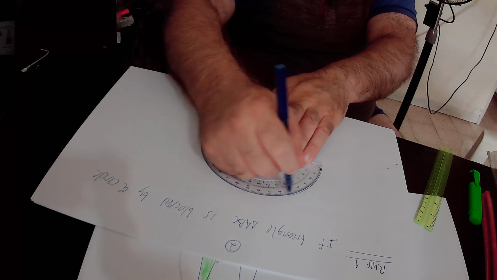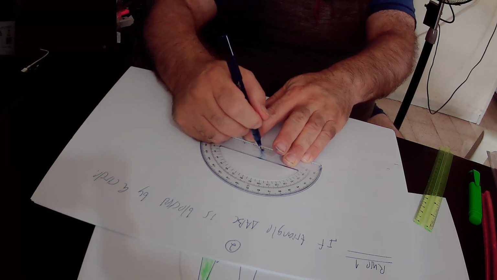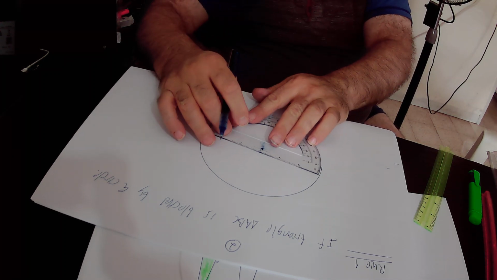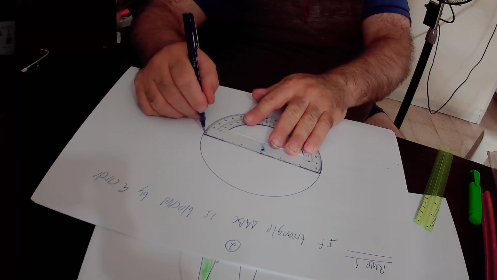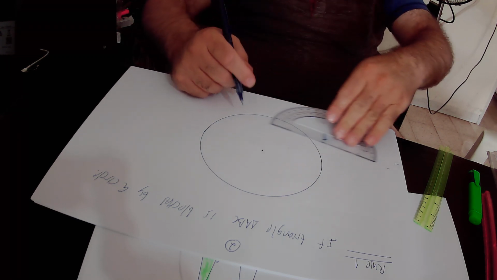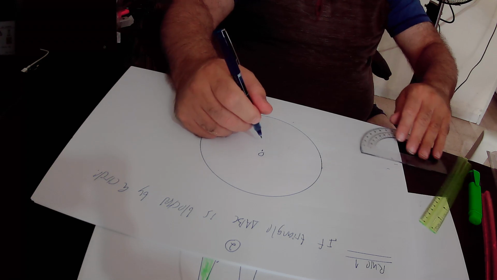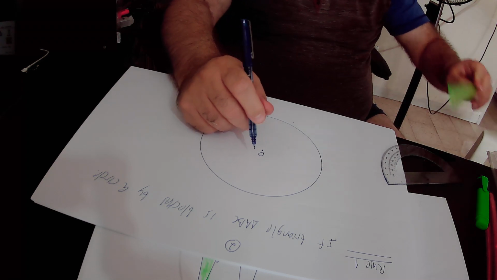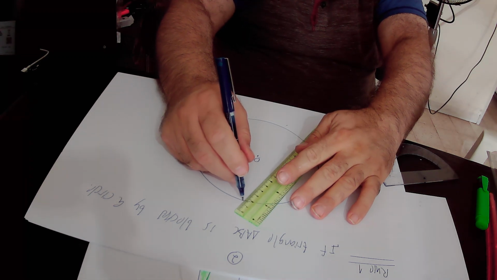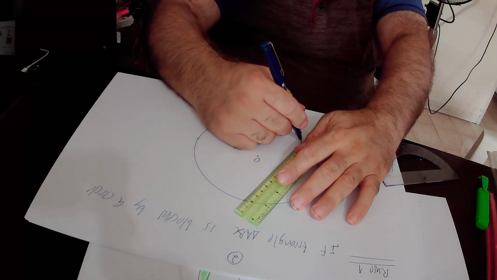This is the circle. The center of the circle is at this point, point O. Inside this circle we have triangle ABC that is blocked by this circle.